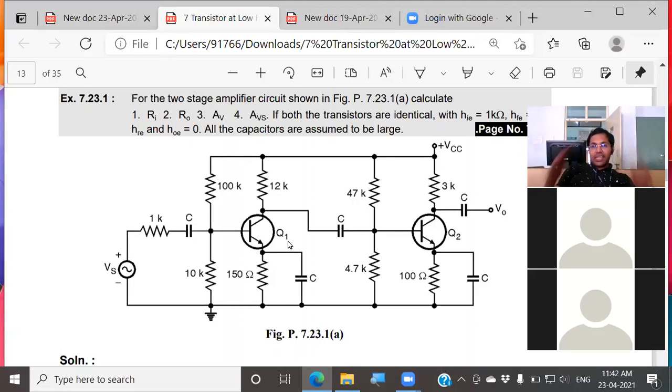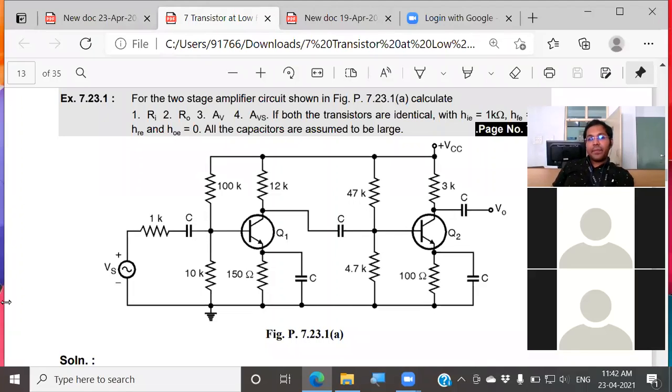For a single stage, multi-stage, feedback amplifier, any amplifier, when asked to find input resistance, output resistance, voltage gain and so on, what is the first step? Same process: learn once, apply the same skill to 100 circuits and you will score good marks. First step is the AC equivalent.